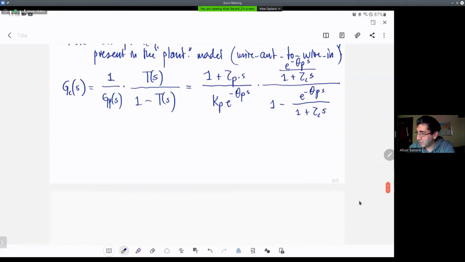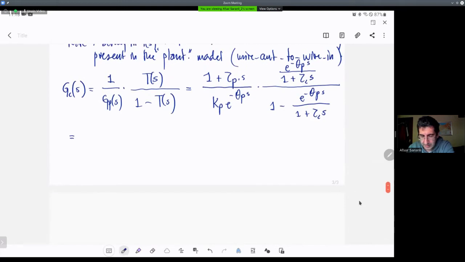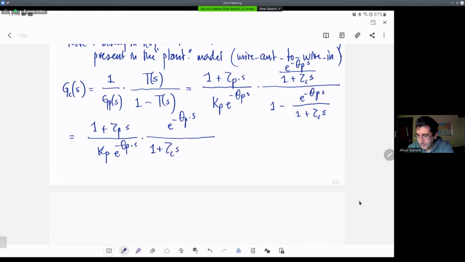Okay, so that is equal to 1 plus tau p s over kp e to the minus theta p s, and then the denominators cancel, so I have in the numerator e to the minus theta p s over basically 1 plus tau c s minus e to the minus theta p s.